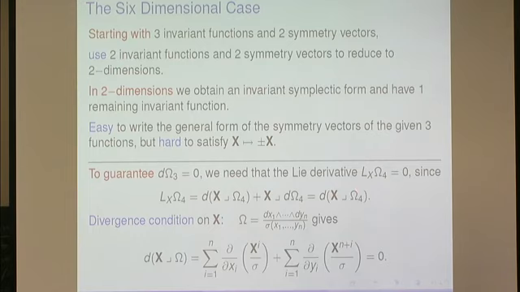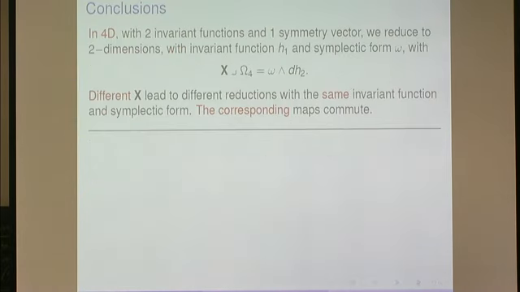So in terms of some volume form in n dimensions, that's just some divergence condition. So these vector fields have to have a certain divergence condition.